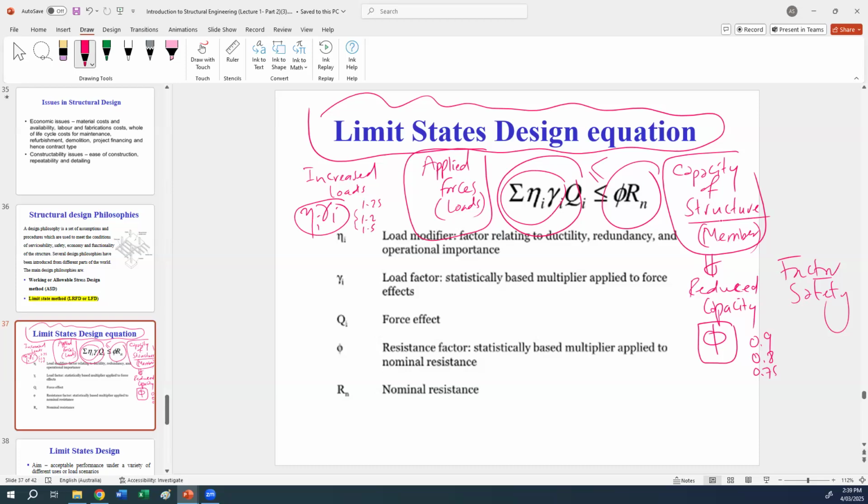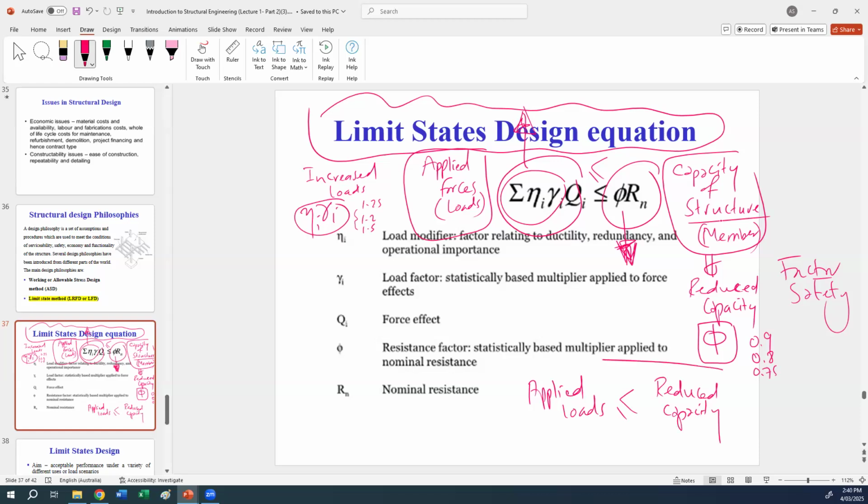Again, the idea is we are increasing the expected loads and reducing the expected capacity, but to make a safe design, the applied load should be less than or equal to the reduced capacity.